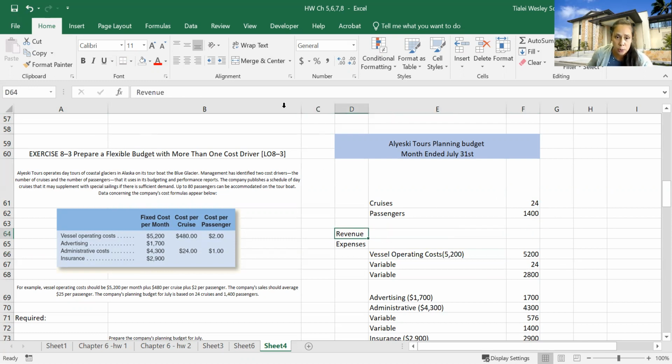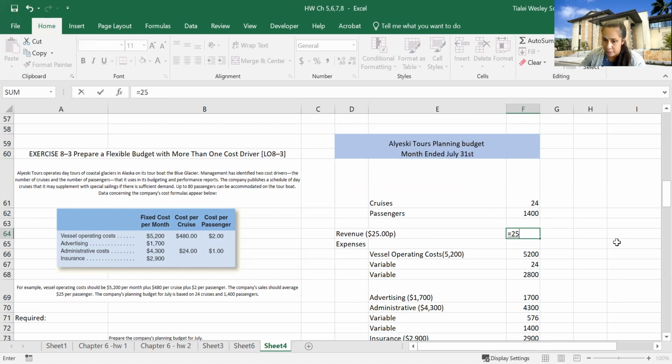And over here, I've put in revenue they said was going to be $25. So I can put $25 average per passenger, and I'll just put that as P. You could put these as quantity 1 and quantity 2, but I'm just going to use C and P for cruises and passengers. And so I'm going to say 25 multiplied by the number of passengers. So I would have my formula $25 multiplied by passengers, and I've already labeled that so it knows that it's 1,400 passengers.